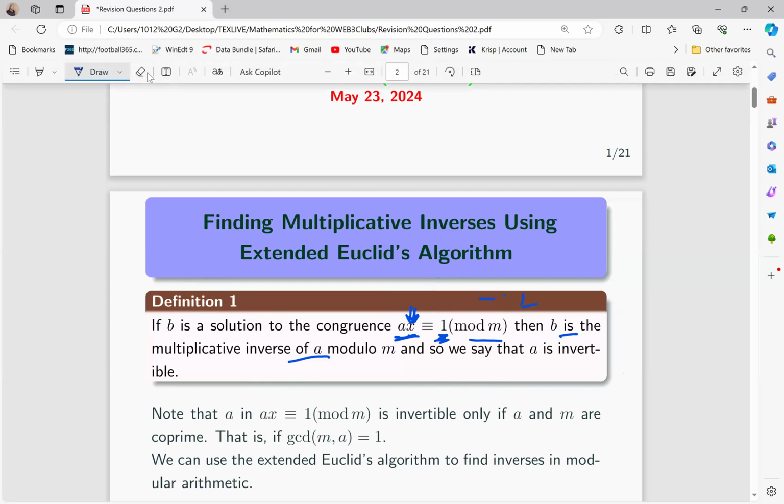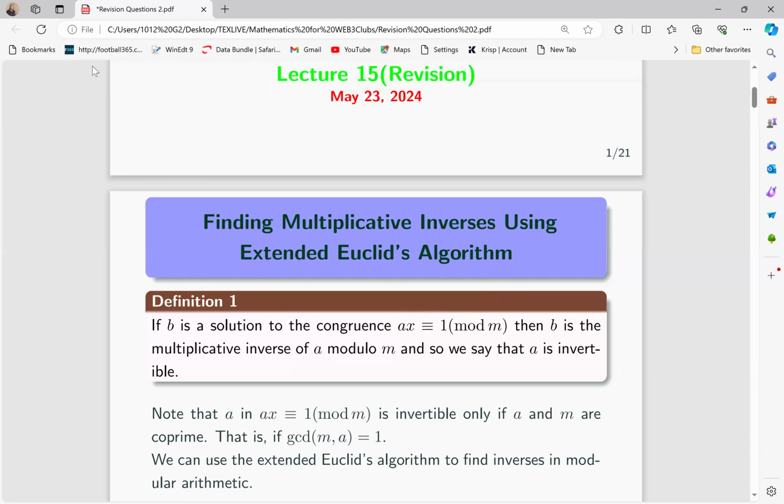Now, finding an additive inverse is very easy. Every element would have an additive inverse. But not every element has a multiplicative inverse. Under addition, every element would have an additive inverse.